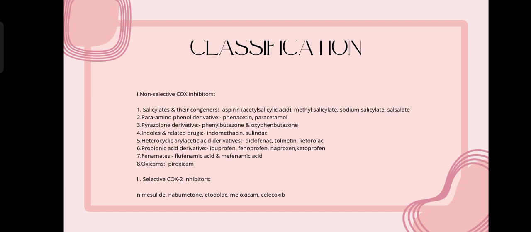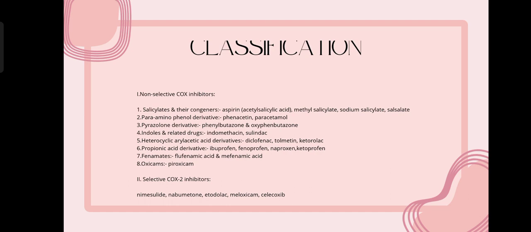Now these NSAIDs are classified into two: non-selective COX inhibitors and selective COX-2 inhibitors. Again, what COX-1 and COX-2 are, I will be discussing later. For now, let's go through the classification. First is salicylates and their congeners.